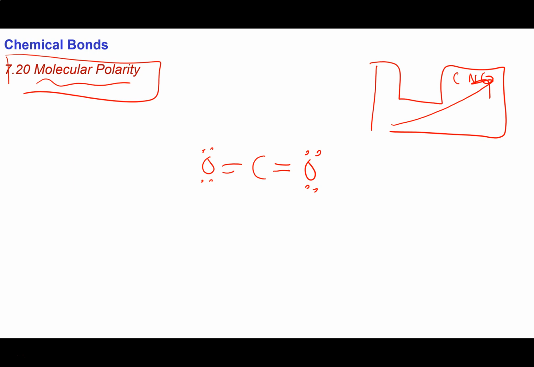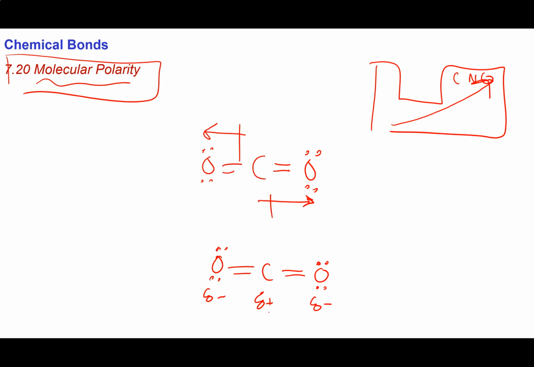I would see that oxygen is more electronegative than carbon. If I use my delta notation, I would label each of the oxygens as being a little bit negative and the carbon as being a little bit positive.